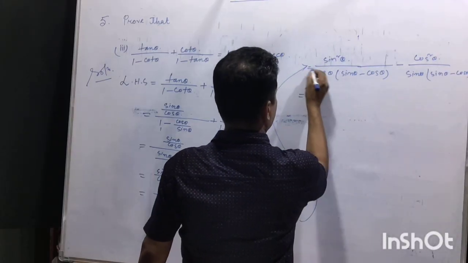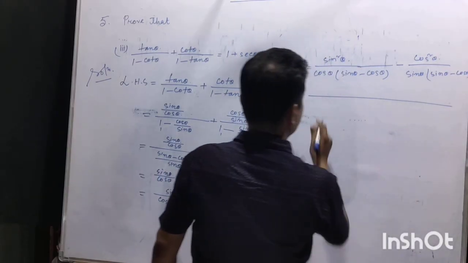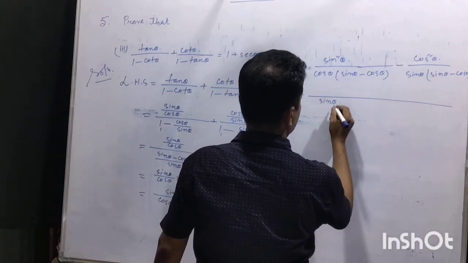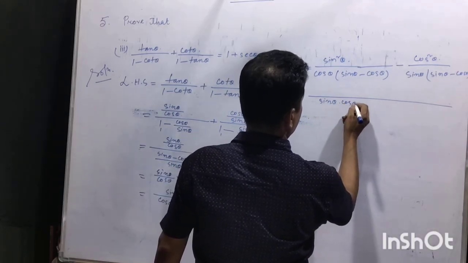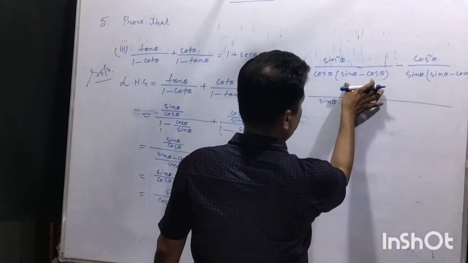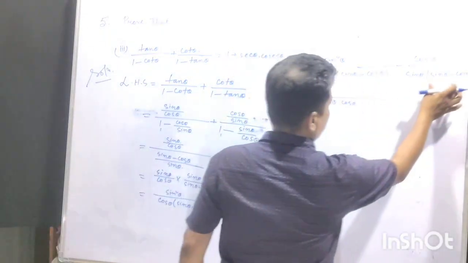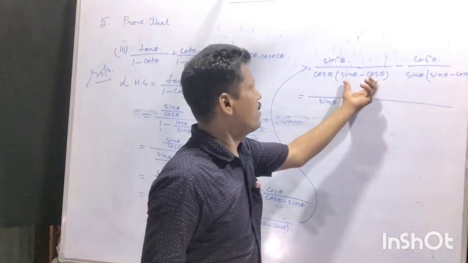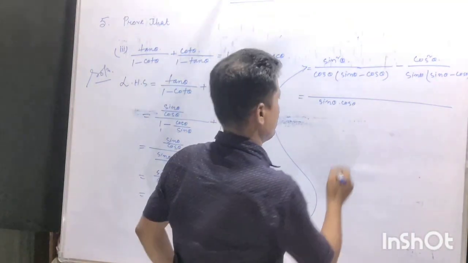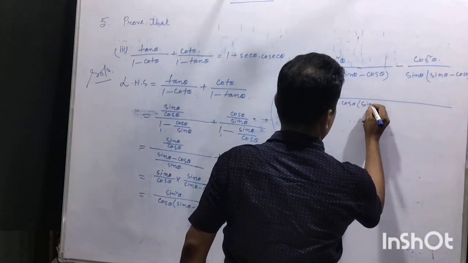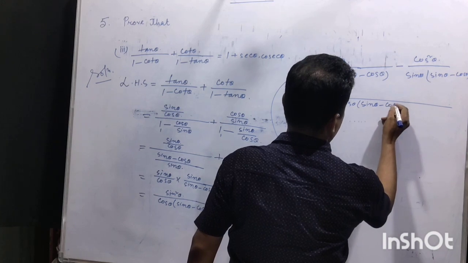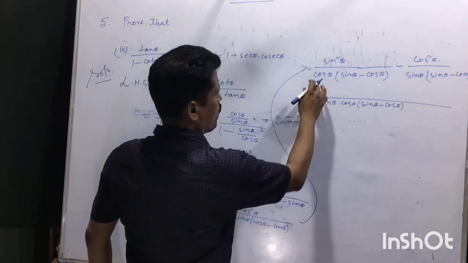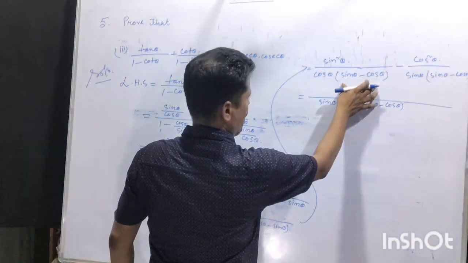So now we can take the LCM. The LCM is sin theta into cos theta, and sin theta minus cos theta here and sin theta minus cos theta there also. So the common part is sin theta minus cos theta, and we can write it as the LCM. In the numerator part there will be cos theta into sin theta minus cos theta.